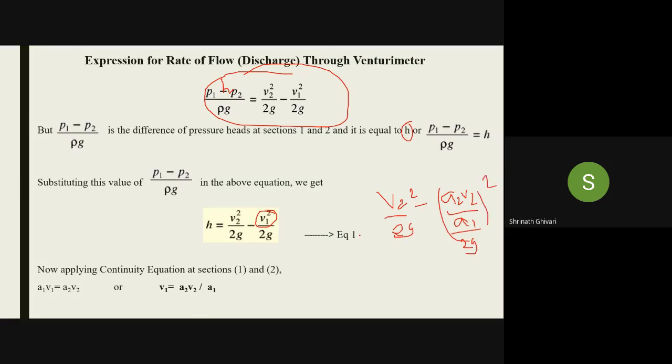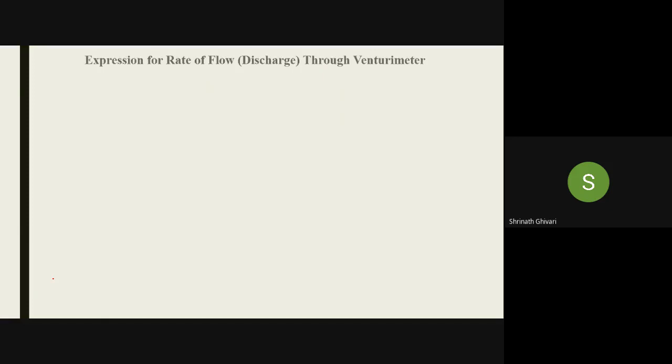We have got two V2 terms, so to simplify the expression, A2 V2 square divided by A1 by 2g.